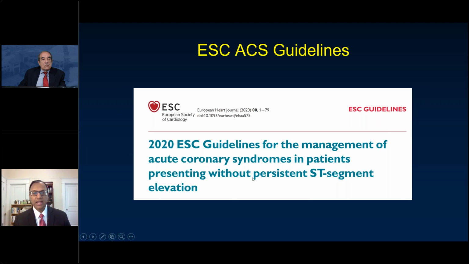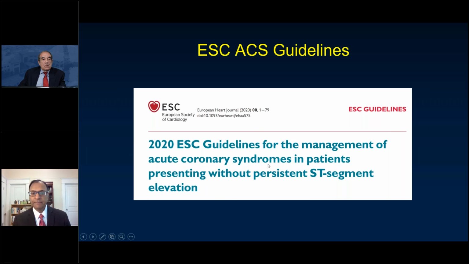This 2020 document is for those without persistent ST elevation, and I think in the 2020 guidelines, they did a much more comprehensive job laying out the purpose of risk stratifying, and I'm going to draw from some of these for the pictorials, acknowledging that there is a 2023 guideline.